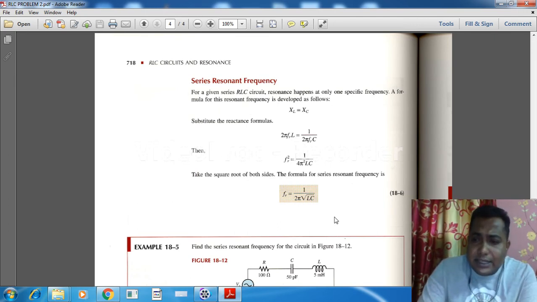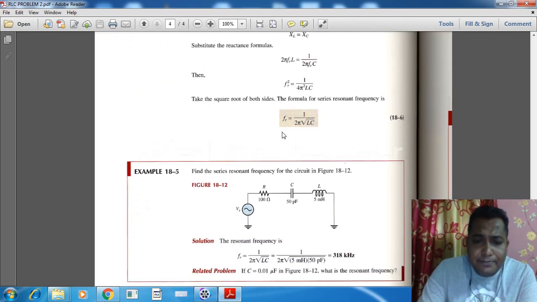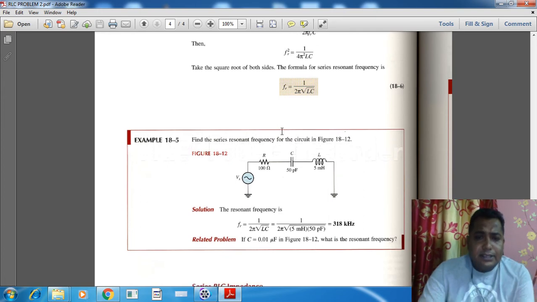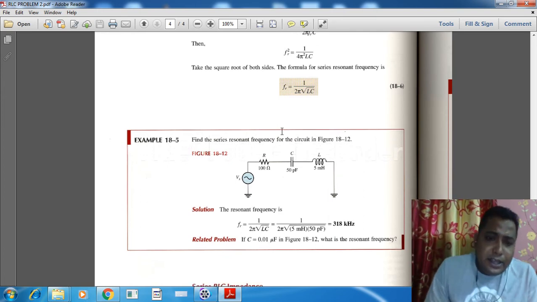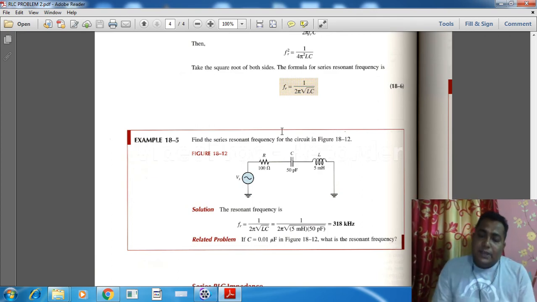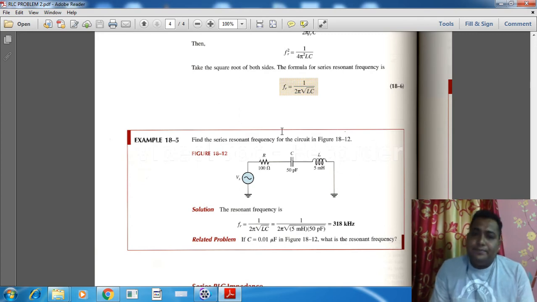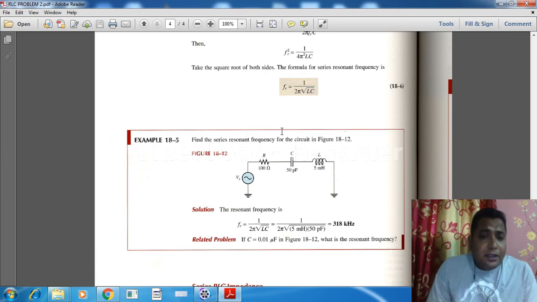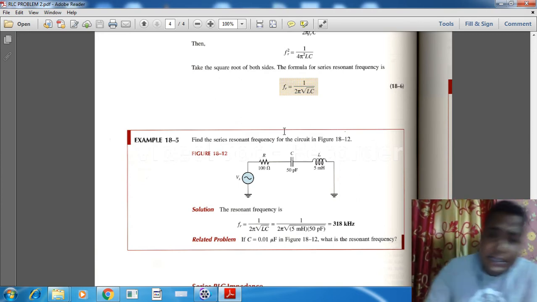So now let us check a second problem. Yes, what is written over there? Find the series resonating frequency for the circuit in figure 18.12. So there is a circuit. See, one important thing is there.